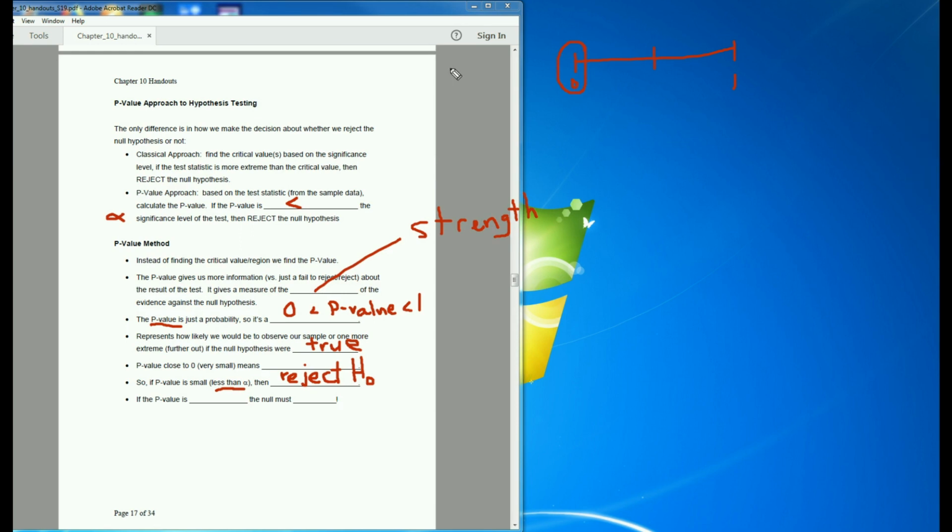Because if you are down here with a p-value close to 0, then H0 is probably not true. It's probably not true because the probability of it being true based on your sample data is very small. It's very unlikely.